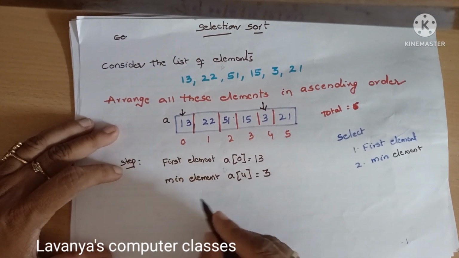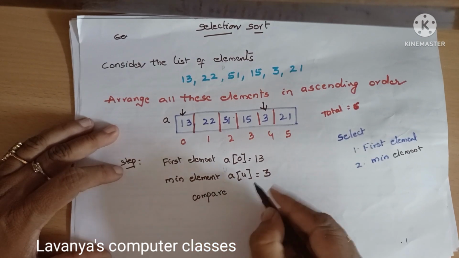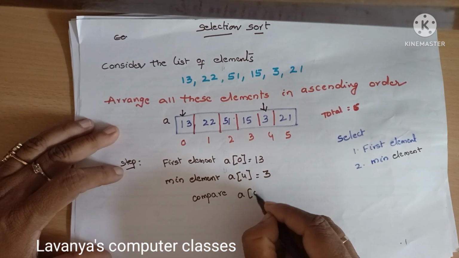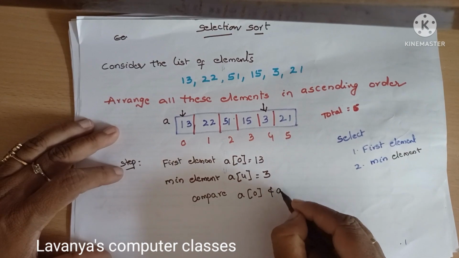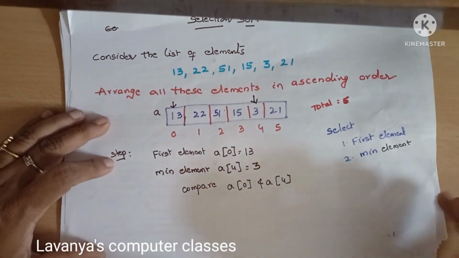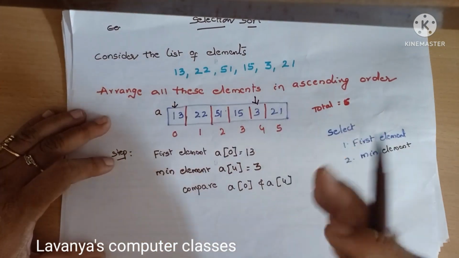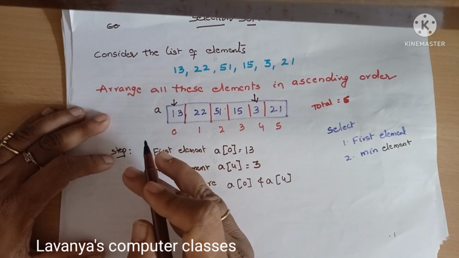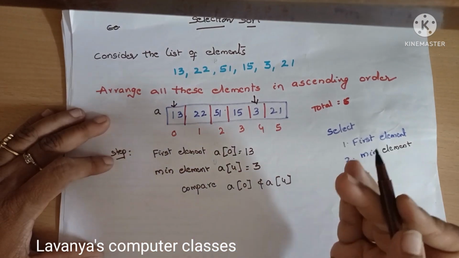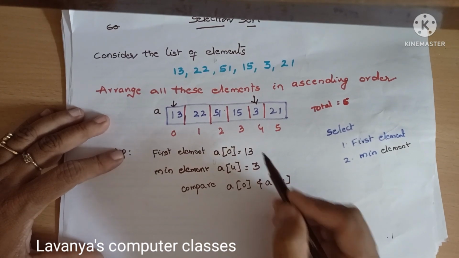Now we go for the second step, where we compare the first element, A of 0, and the minimum element, A of 4. In ascending order, elements go from small number to bigger number, so the first number is always smaller than the remaining numbers.